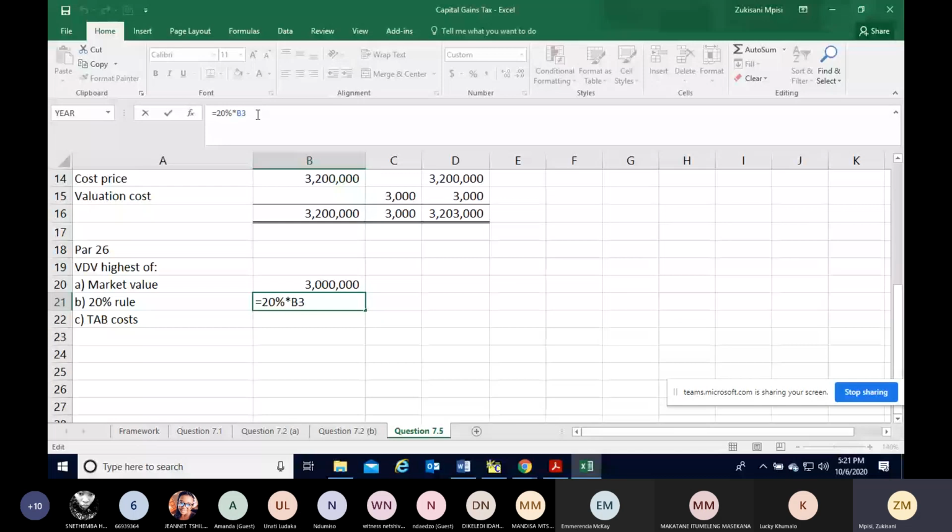This is proceeds less costs that are allowable after year end, so it's therefore 699,400.